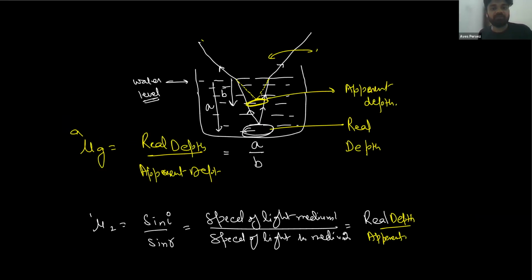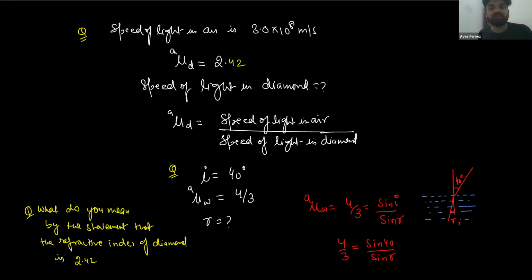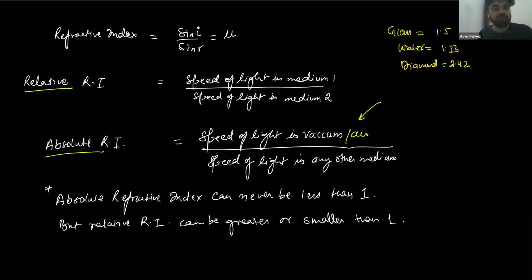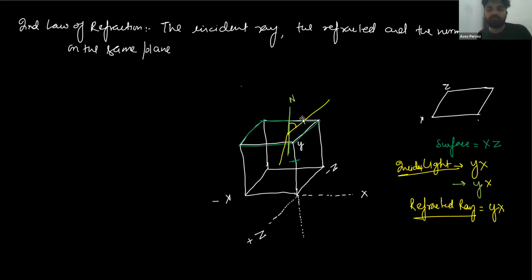This is a simple way that you can understand by these projections. So if a ray is traveling in the xy plane, then it will bend in the xy plane. It cannot move upward and downward. If a ray is moving into the screen, it cannot move upside to this. So this is the simple way to see that the incident ray, the reflected ray, and the normal lie on the same plane. Got it?